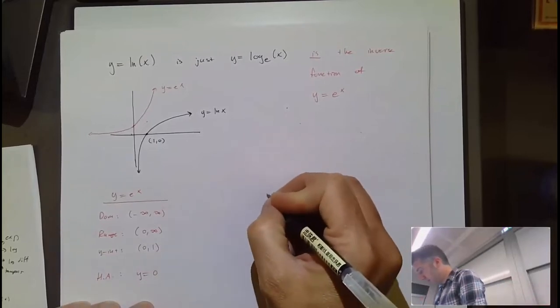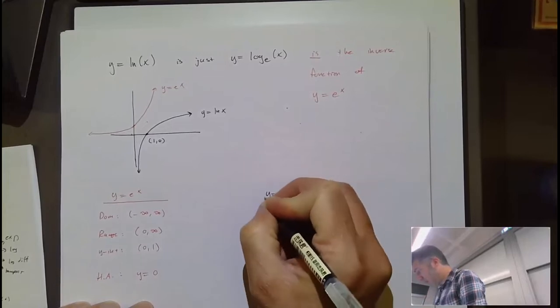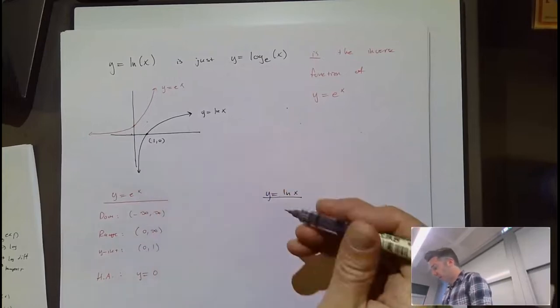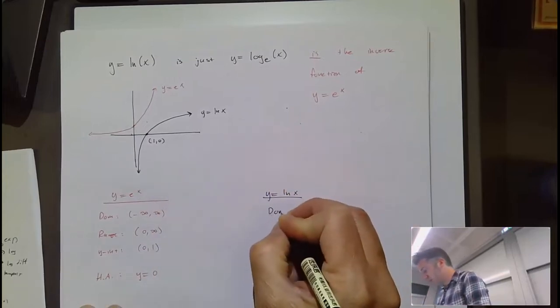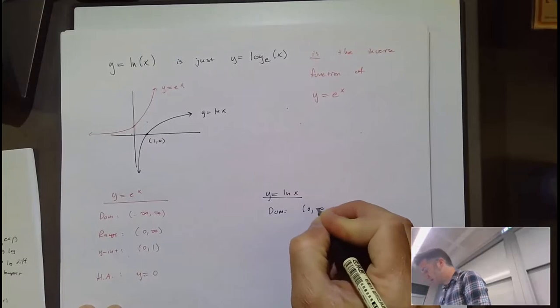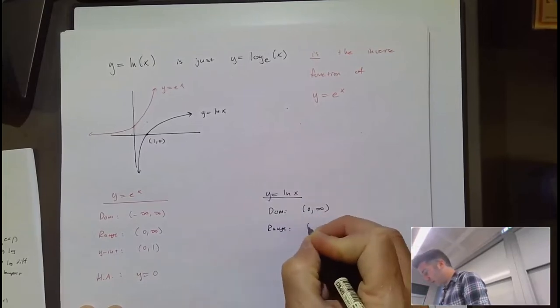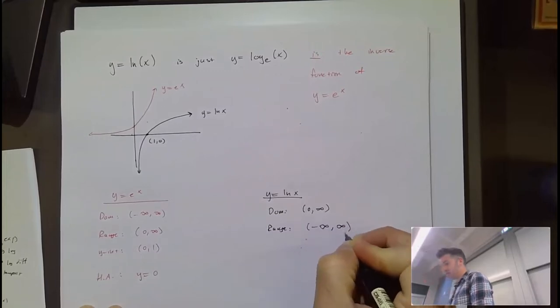Versus y equal to natural log of x. Check out how all the x and y things interchange. So for the natural log of x, the domain is all positive numbers. The range is everything from negative infinity to infinity.